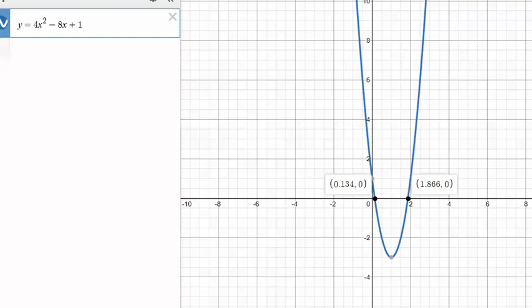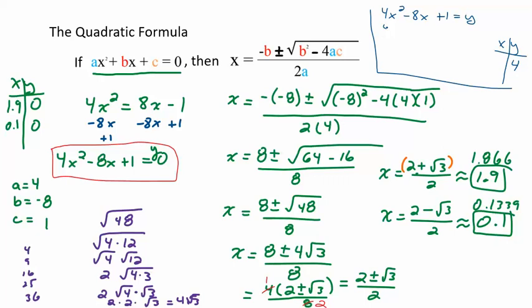So to solve that, you would let y equal 4. Now, to solve this equation, you'd have to subtract 4 from both sides. And you'd go 4x squared minus 8x, 1 minus 4 is negative 3, equals 0. Then from here, you'd have to do the whole quadratic formula again.